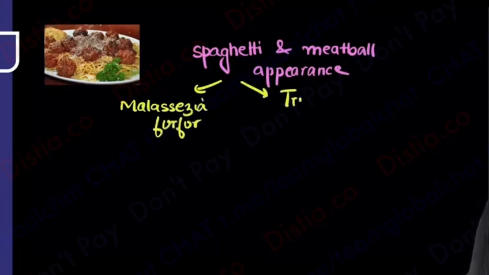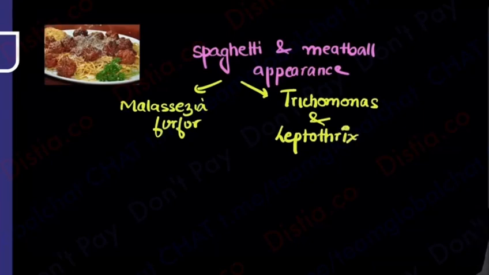If you remember very well, there was a condition called trichomonas and leptothrix. So remember, trichomonas over there was looking like the meatball and leptothrix was looking like the spaghetti pasta. So if you remembered it, very good. If not, it's time to revisit the pathology lectures. So that was the first correlation.